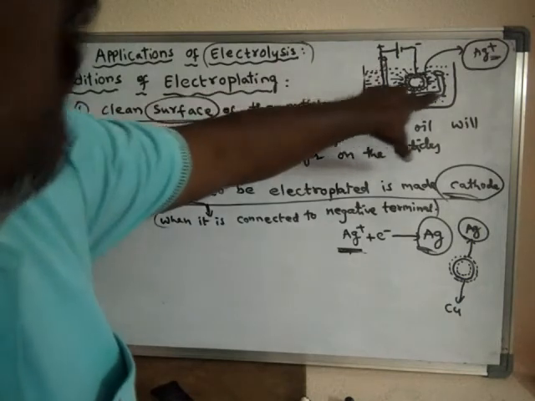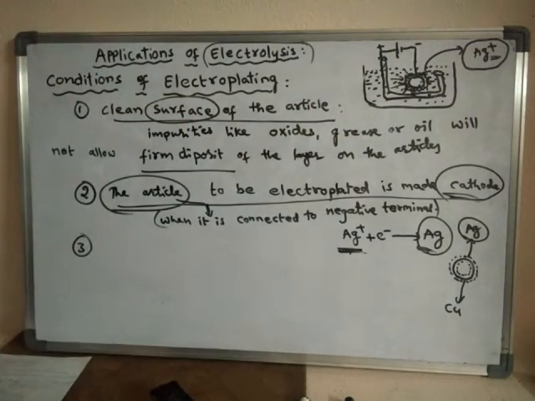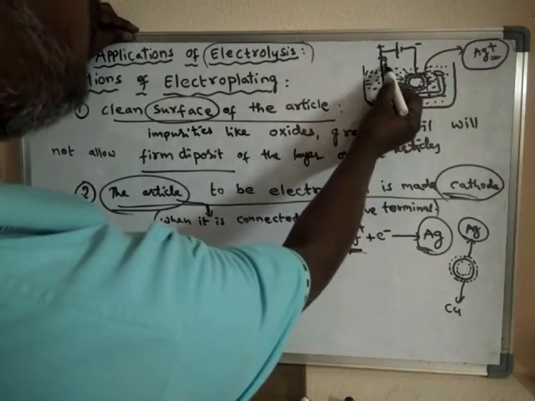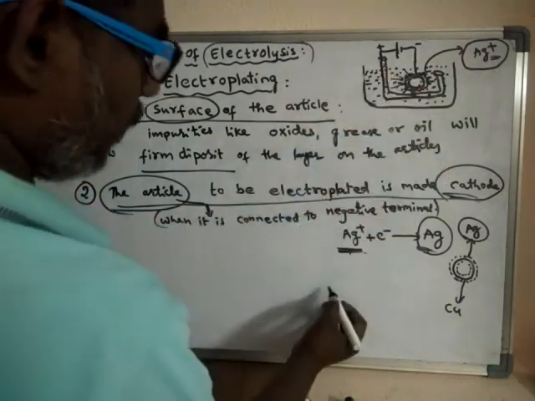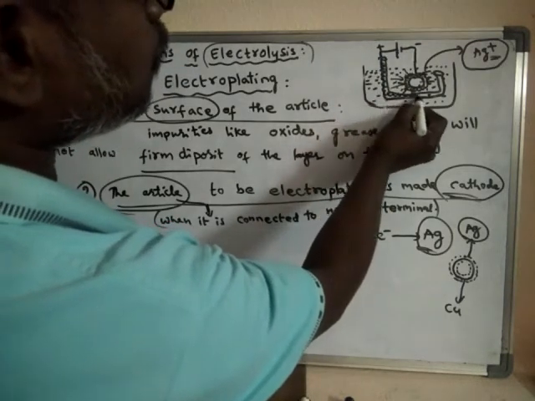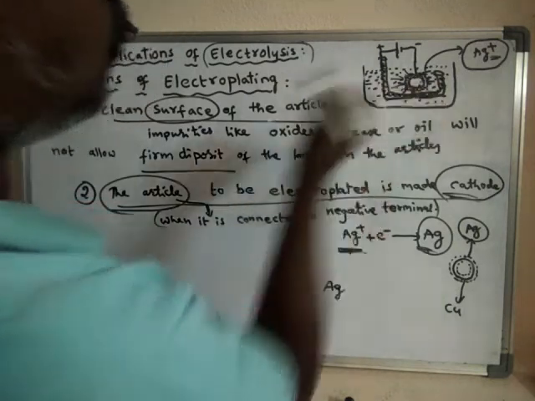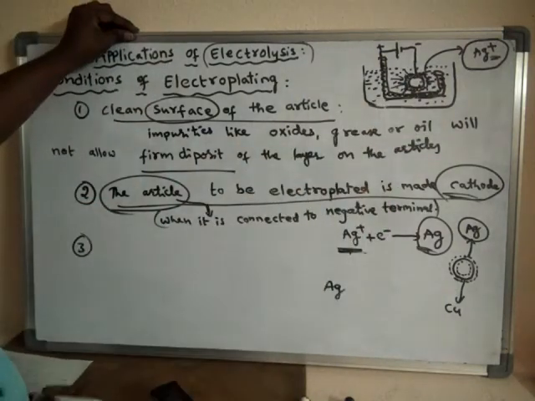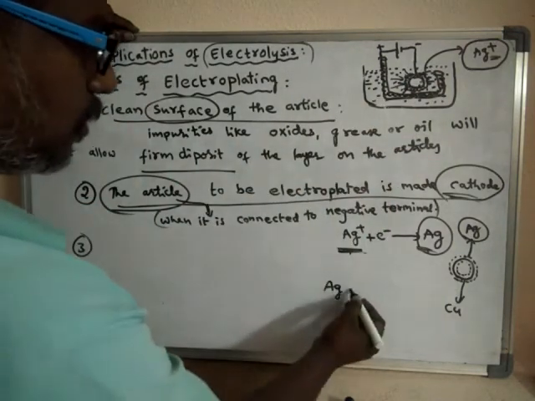Here the anode is made up of silver. This anode is surrounding the cathode. So if it is made up of silver, what happens at the anode?